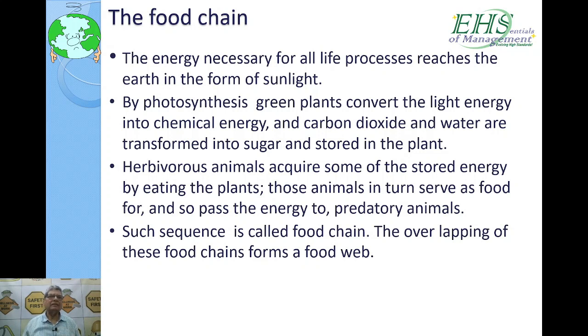So every organism needs food, whether it is a single cell organism or a complex animal like a human. The energy necessary for all life processes reaches the earth in the form of sunlight. So which is the original resource for the food? That is sunlight. By photosynthesis, green plants convert the light energy into chemical energy, and carbon dioxide and water are transformed into sugar and stored in the plant.